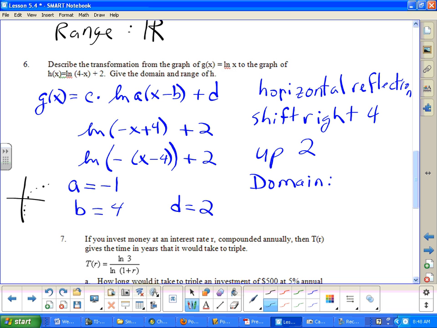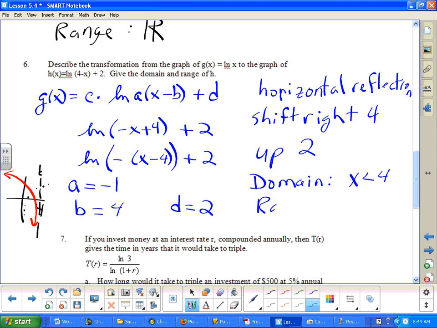And not only that, we now have a vertical asymptote here at x equals 4. So the graph is going to go like this now. So my domain is going to be x less than 4.